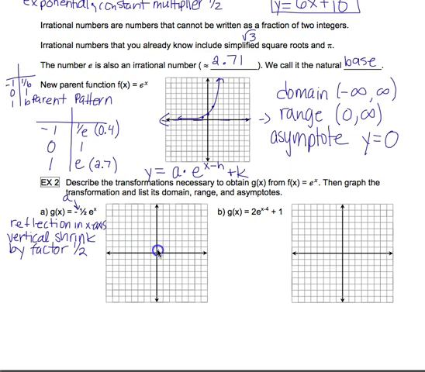So when I set up my little plus sign, it's just going to be on the origin because I have not shifted any. Now I need to write out my parent pattern, -1, 0.4; 0, 1; 1, 2.7. And then I'm going to transform it according to the A, because remember that A values we multiply times our vertical column. So we're going to do times -1/2 on all of these.